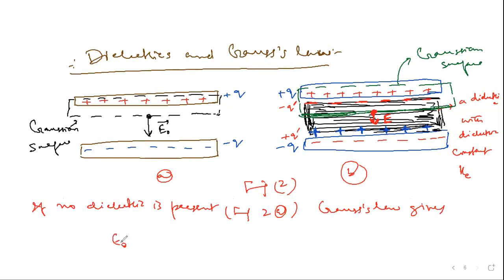Epsilon naught closed integral E dot dA is simply epsilon naught E naught A equal to Q, or E naught is equal to Q by epsilon naught A.